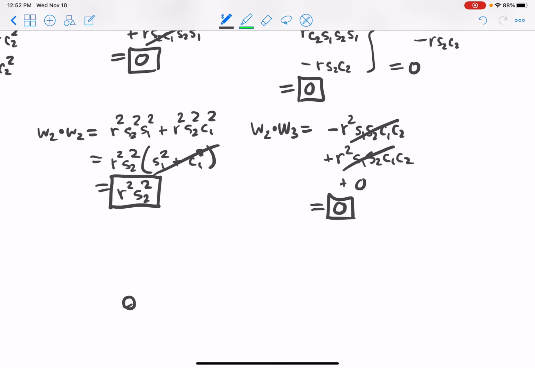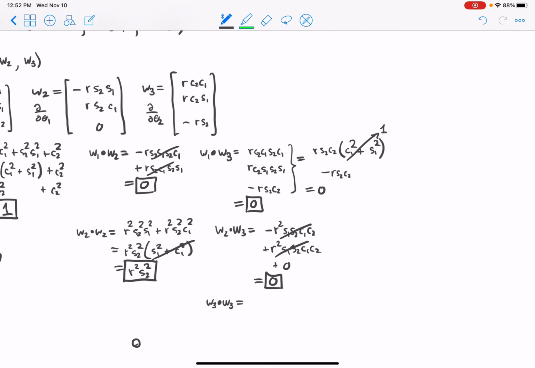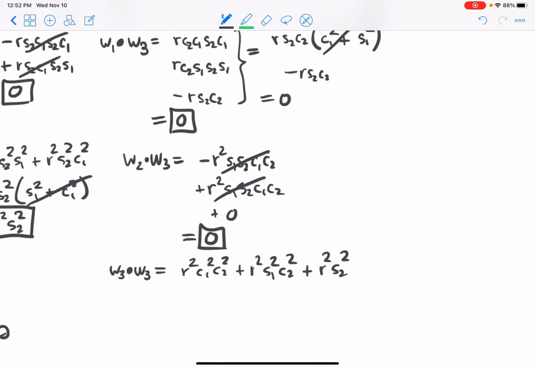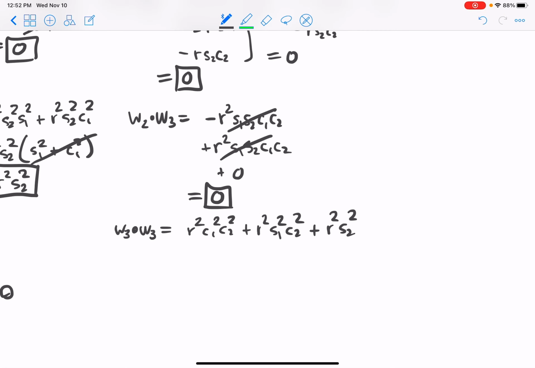Very last one, W3 dot W3. Okay, so sum of squares. Now I factor out the C2 squared and the R squared.